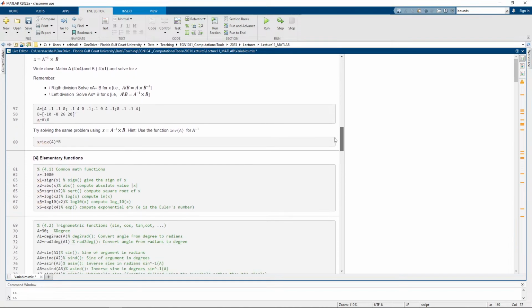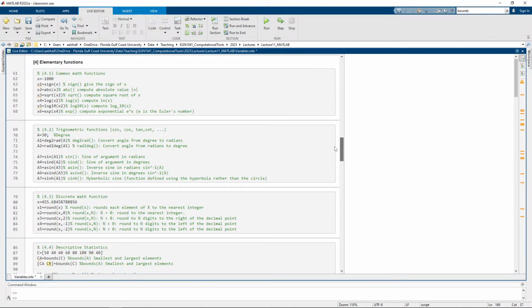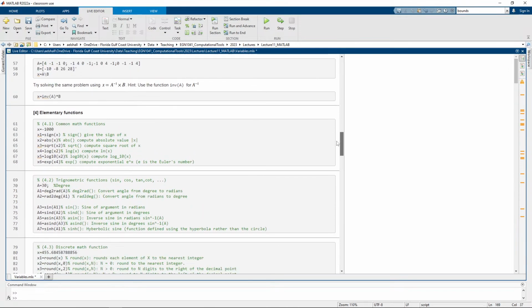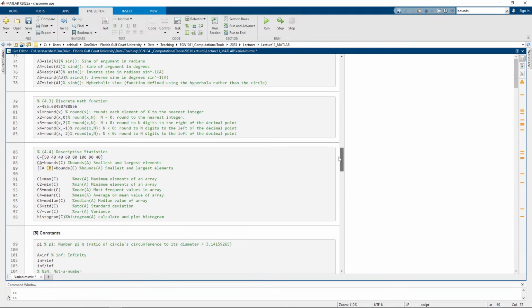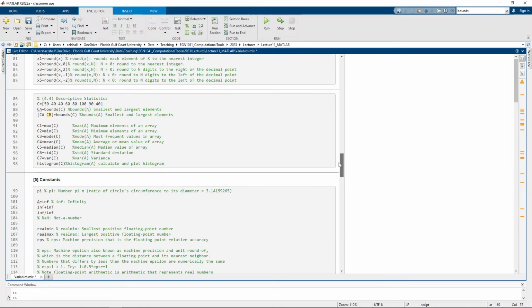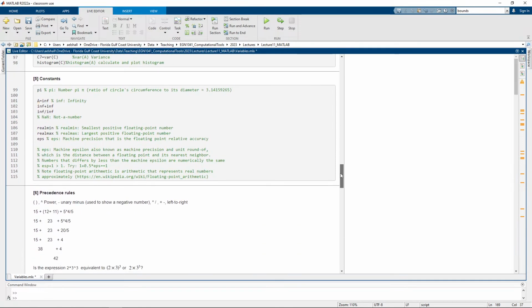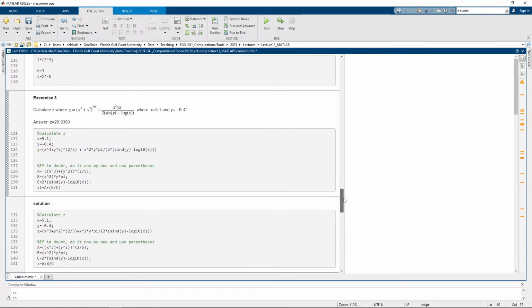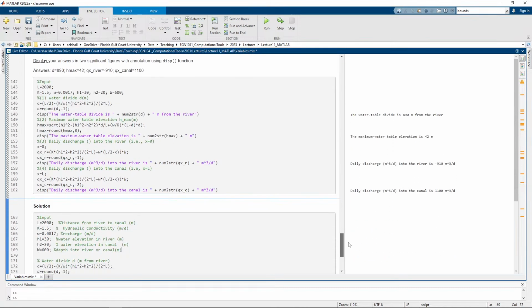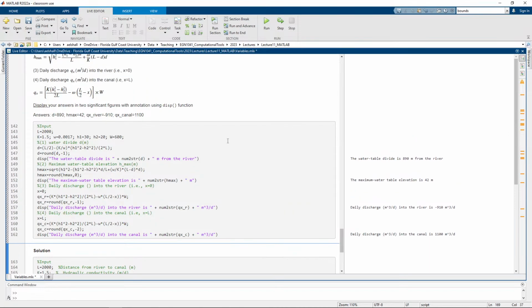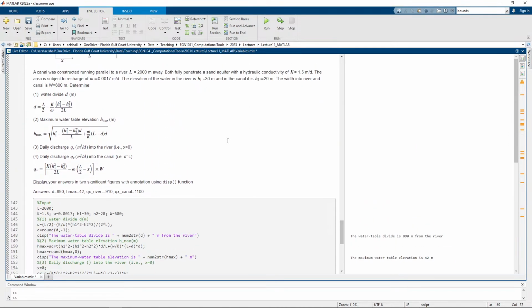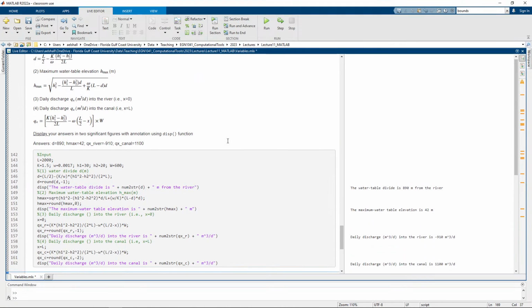And we learned some elementary functions: common math functions, trigonometric functions, discrete functions for rounding, descriptive statistic functions, and some constants. We learned about the precedence rule, and we applied this to an engineering problem. So now you can use MATLAB as a very sophisticated calculator, much easier than your calculator. And let me show you why this is much easier than using a calculator. Because now if I asked you, what if the recharge increased?